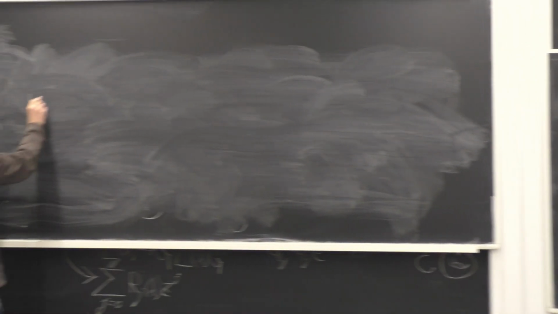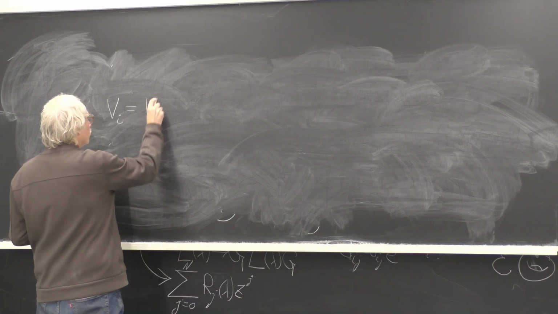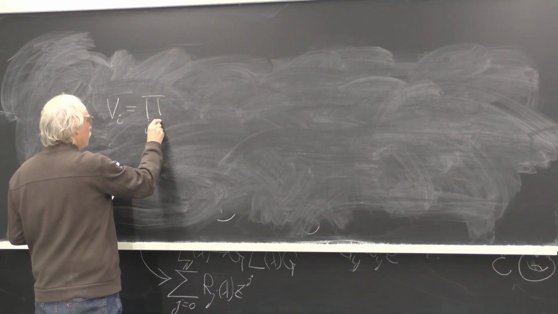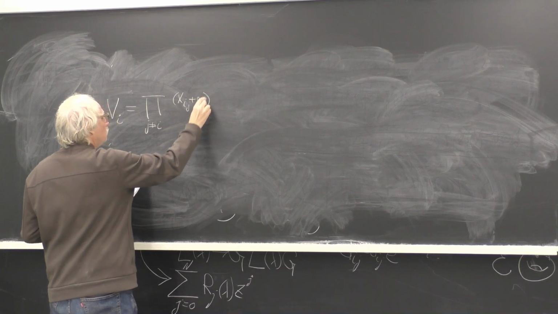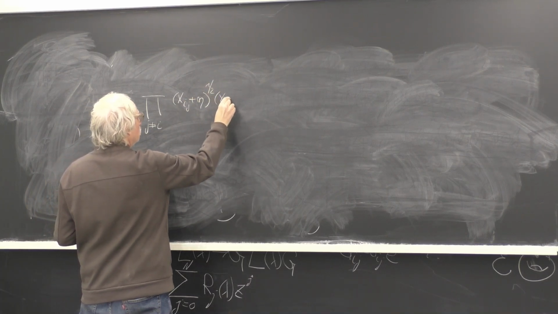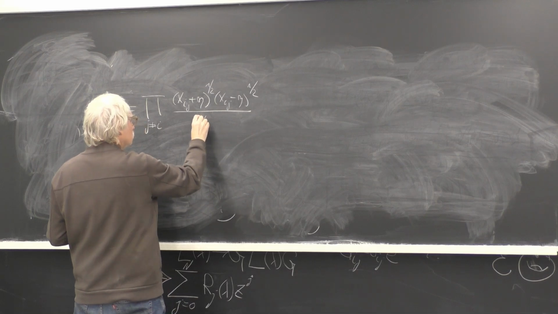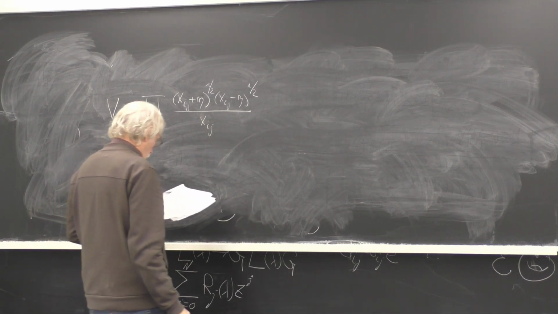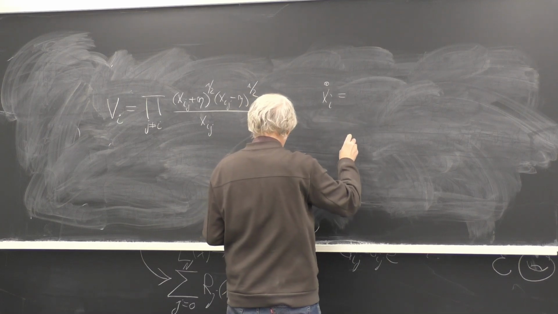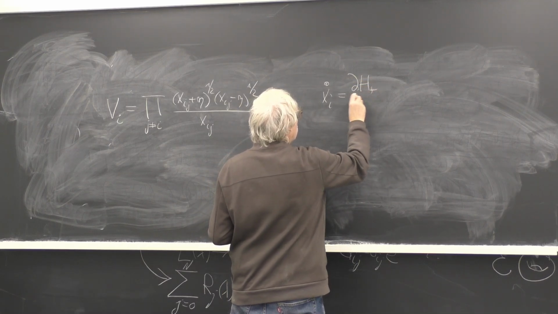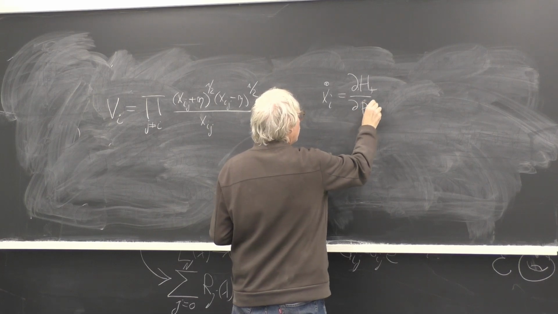It's convenient to introduce the following notation. Then the Hamiltonian equations of motion can be written in this form.